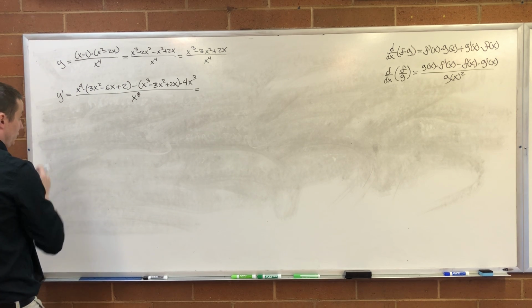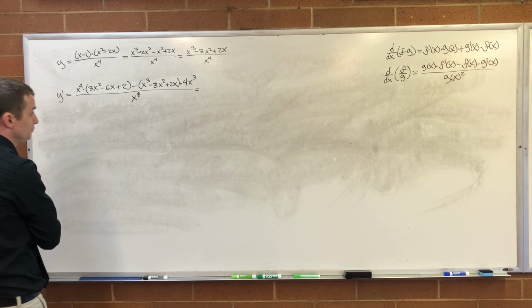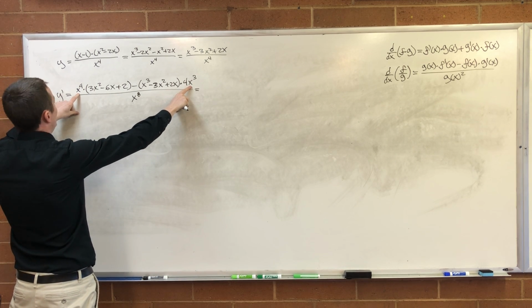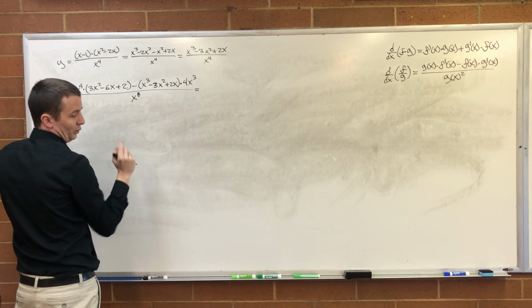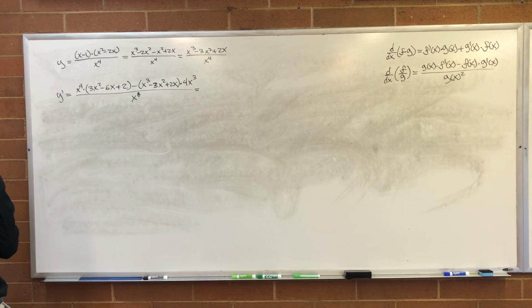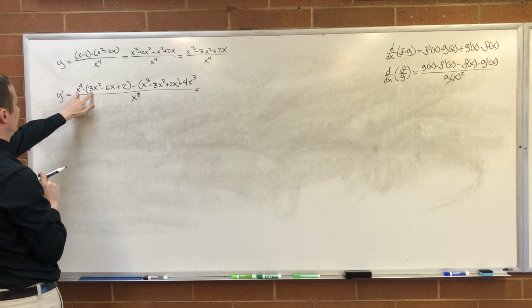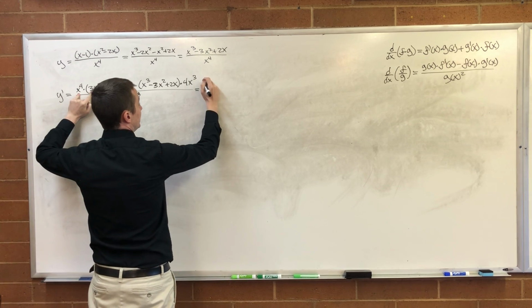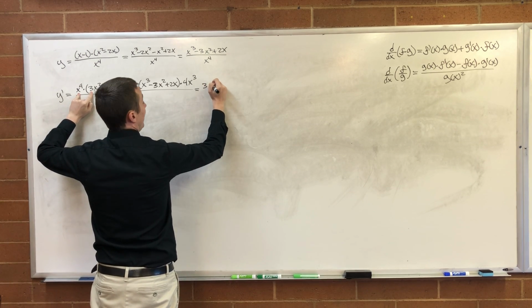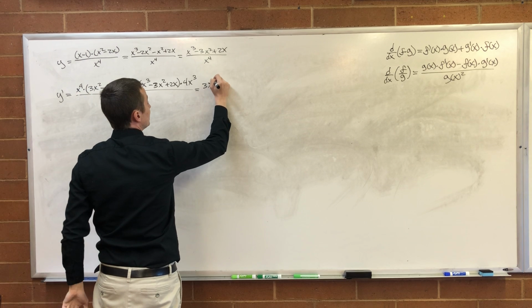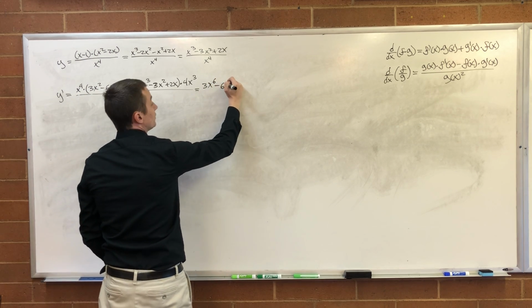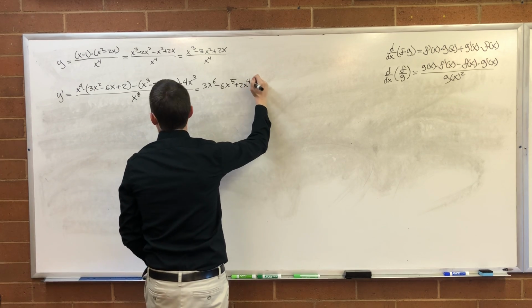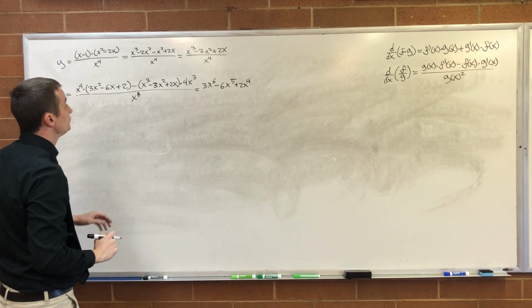First thing I'm going to do, before I mess with any of this, I'm going to factor an x cubed out. We won't do that. Never mind. So let's just distribute it through. So we're going to get now 3x to the 6 minus 6x to the 5 plus 2x to the 4. That's this term.